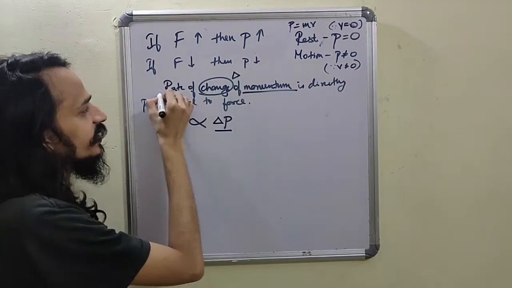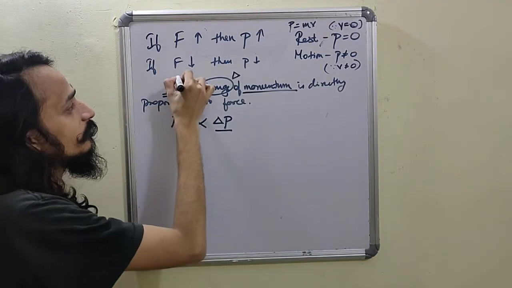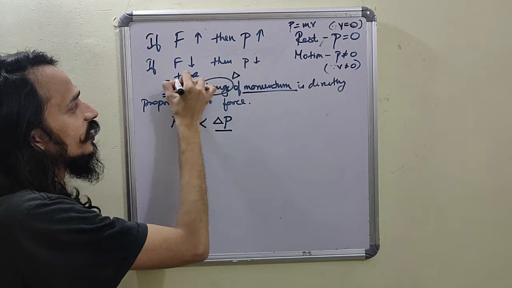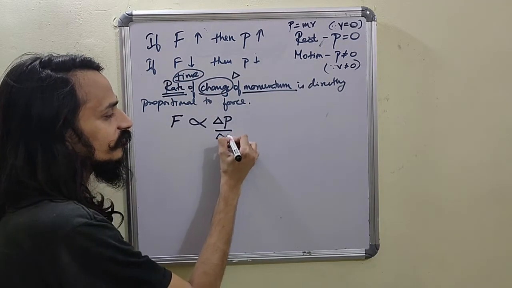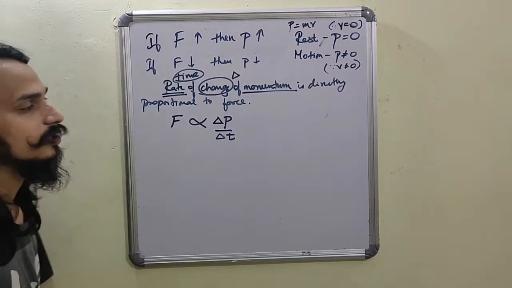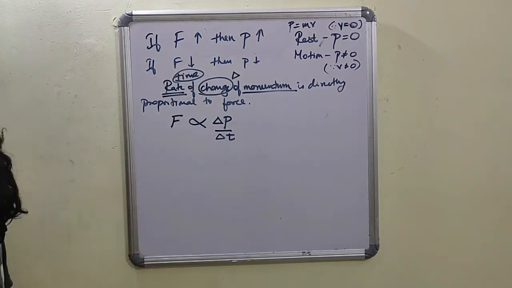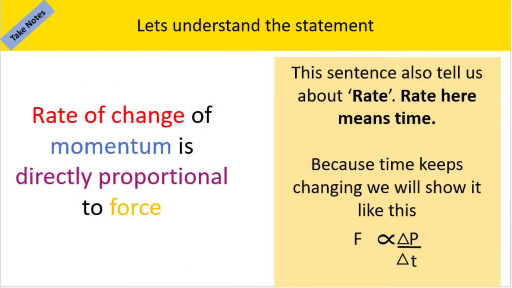But when they say rate of, it means to say time. Meaning we need to divide it with time. How much it's changing for how much time is called rate of change of momentum.